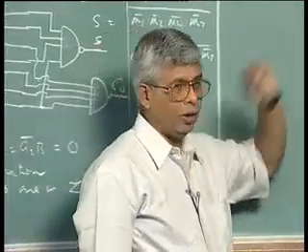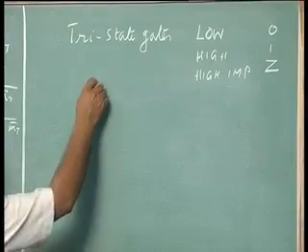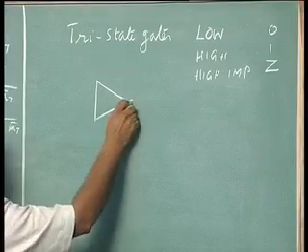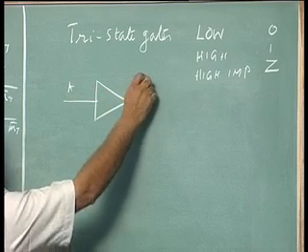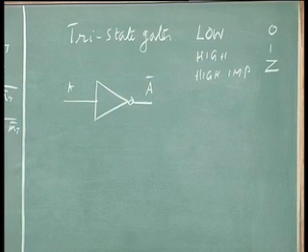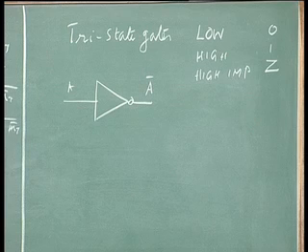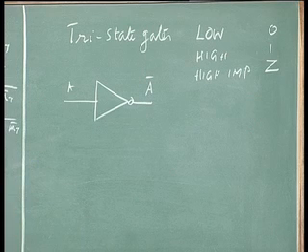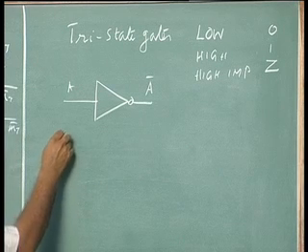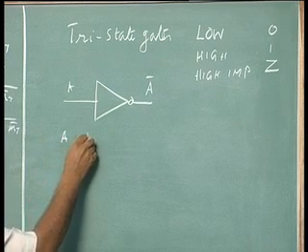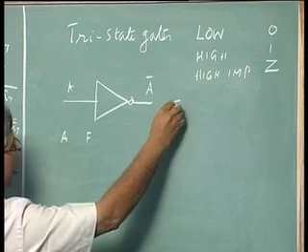Anyway, what do you mean by this? So I have an input and output. Let us take a simple inverter. Input is A, output is A bar. So this is a 2-state gate. If A is 0, A bar is 1. We know the truth table of this inverter, f is equal to A bar.